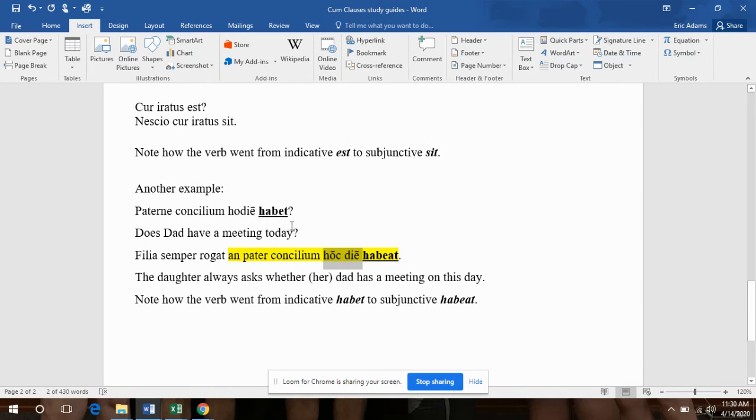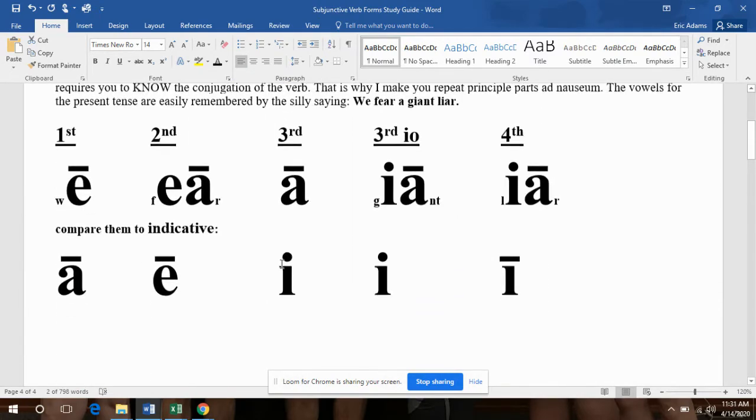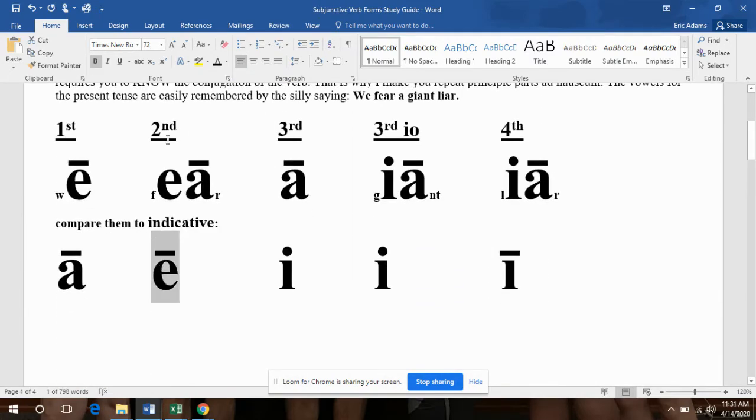And so, again, we can see when the question is being asked directly, it's indicative with that indicative vowel, as we see the E from the second conjugation, habeo habere. There it is. Do you see the E of habet? Habeo habere, indicative, long E. But when we make it indirect, it's now going to turn into the EA of we fear a giant liar.